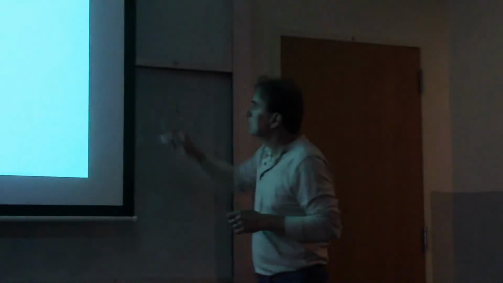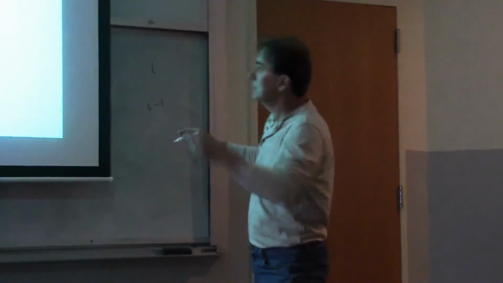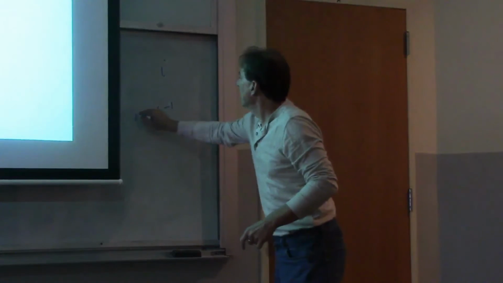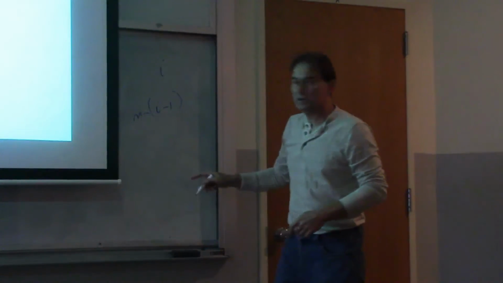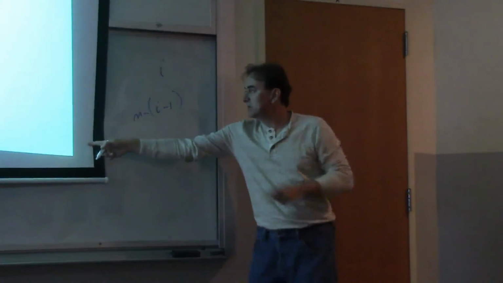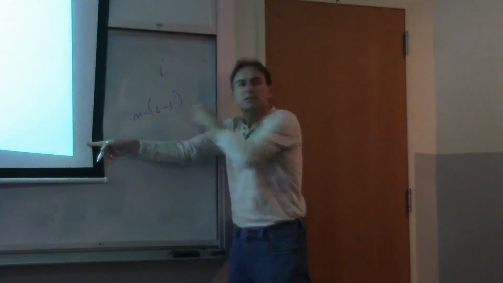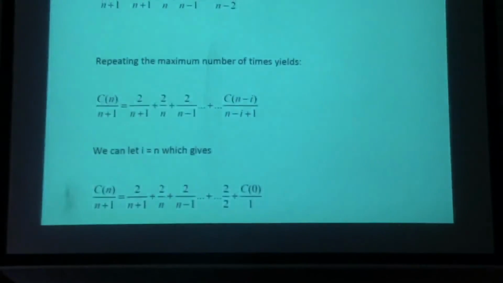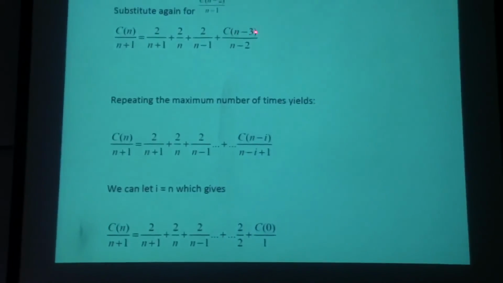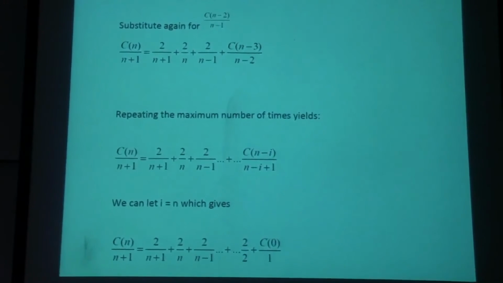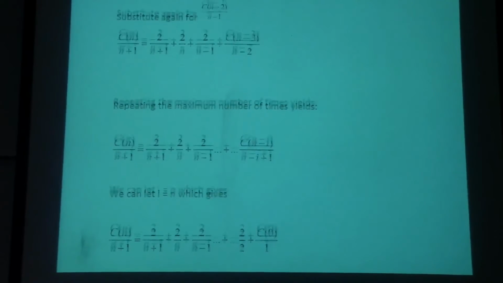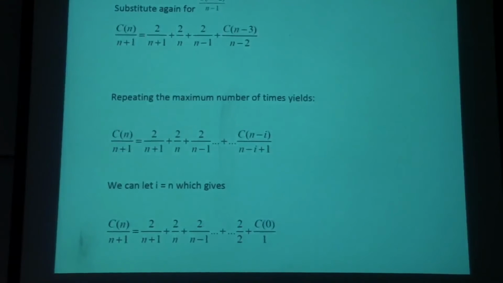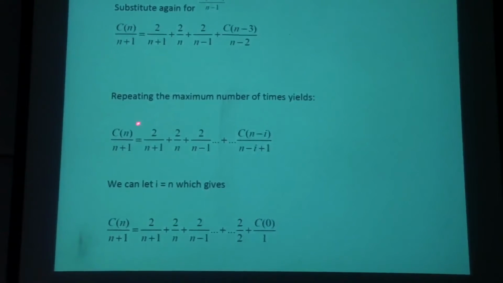So it's going to be n minus I minus 1, and when we have n minus I minus 1, we have n minus I plus 1. So that's why this comes out as n minus I plus 1. But this is n minus 3 for 3 repetitions, so it's going to be n minus I for I repetitions. Make sense? Okay, so we can see that we have this pattern here.